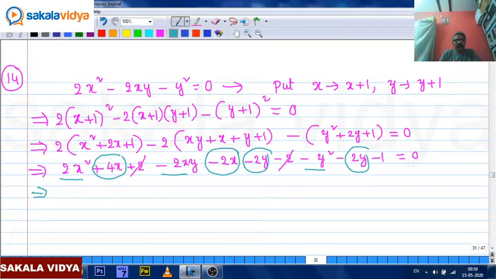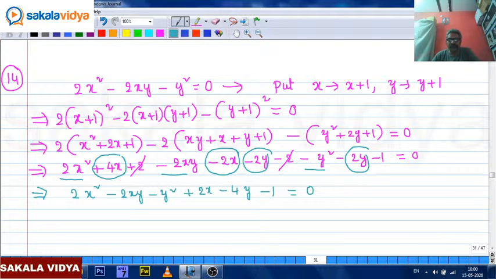So we have 2x square minus 2xy and minus y square plus 2x minus 2y minus 2y minus 4y, and we have minus 1 is equal to 0. 2x square minus 2xy, okay, minus 2xy.